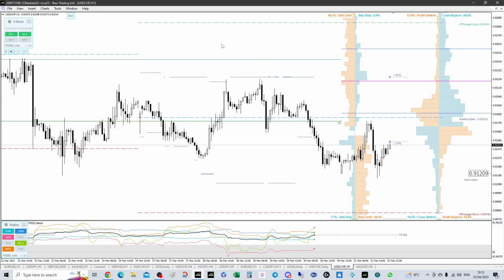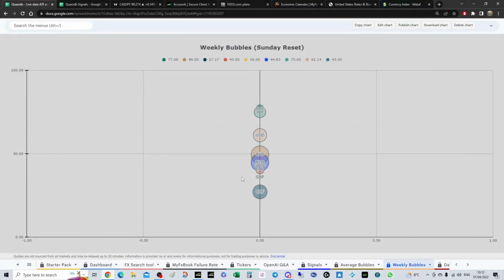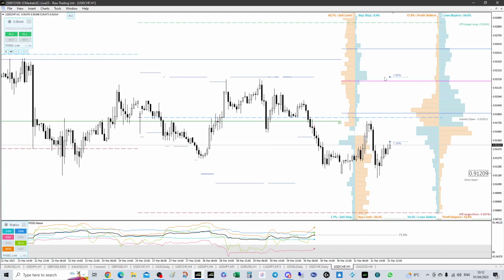We had 165 pip profit using the combination of the bubbles and this SLC probe and reversal scenario. Going forward, we'll continue to do this, and it should warrant a lot of profit for us, because we're using logic, and the logic is that price will gravitate towards liquidity, and then we'll see a reaction from those stops being hunted down, and that's it.